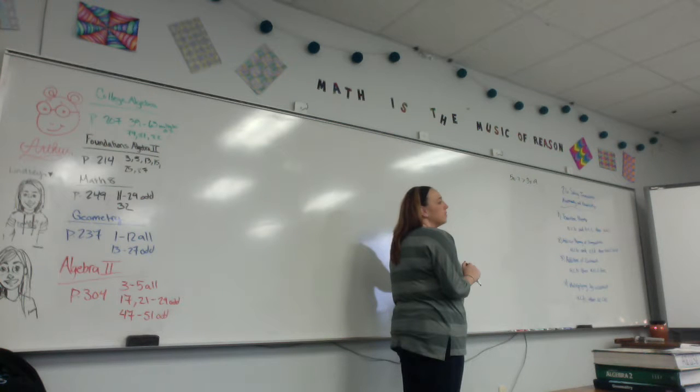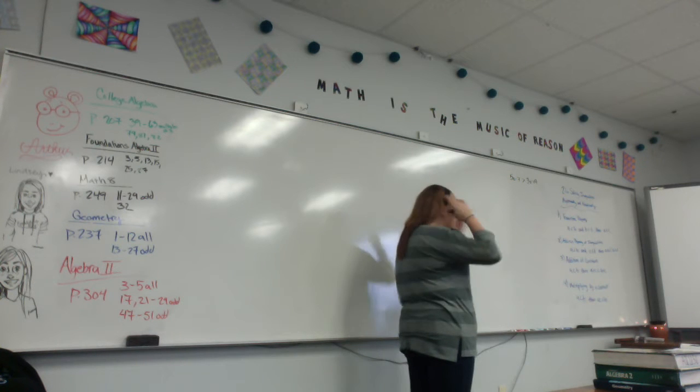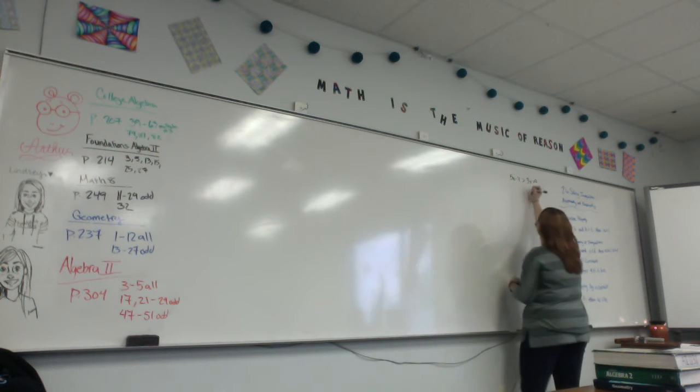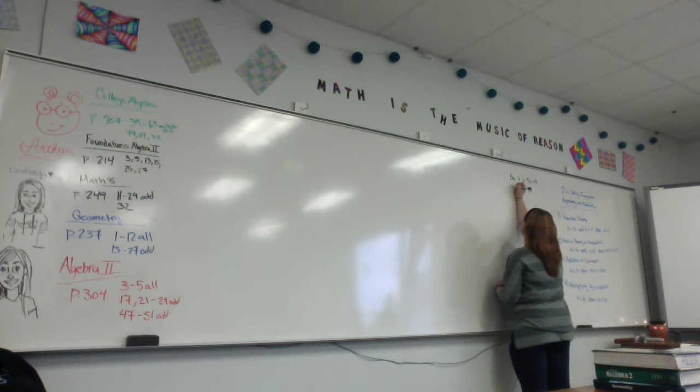Just solve it. Move the x to one side. Okay, so I'm going to subtract 3x from both sides. I'm going to get 2x minus 7 is greater than 9. Now what do I do? Add 7, and I get 2x is greater than 16. Divide by 2, and x is greater than 8.